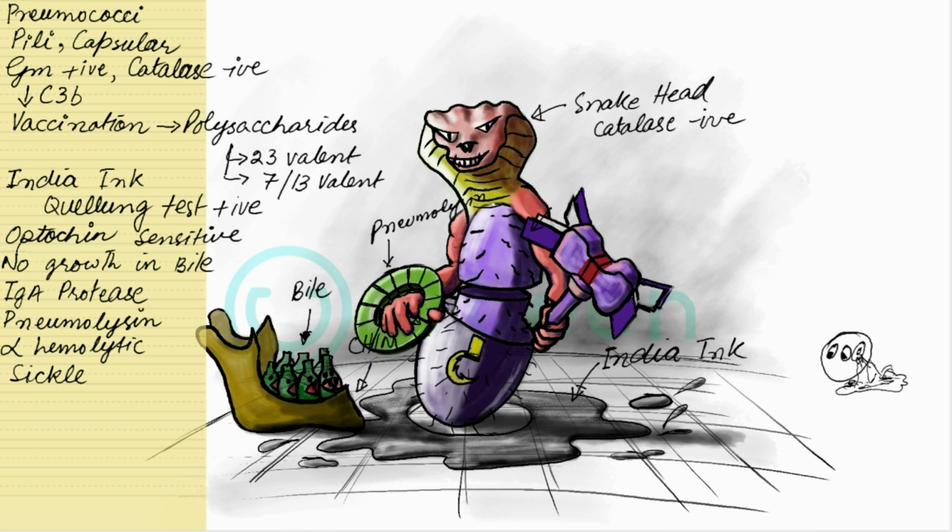Finally, look at this mop. So we have to call it MOPS. And you can remember it with this, that this little baby snake uses the mops to clear the area underneath from India ink. So what that means is MOPS is the little mnemonic to help remember what diseases this thing causes.